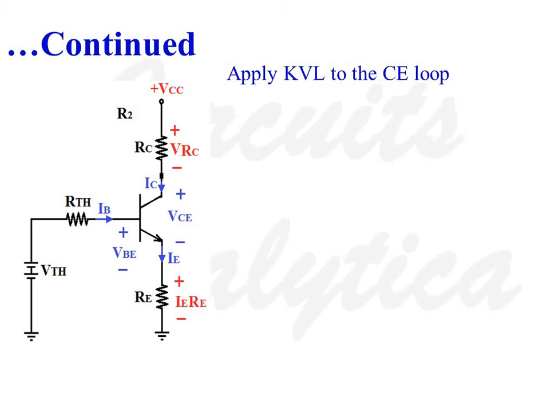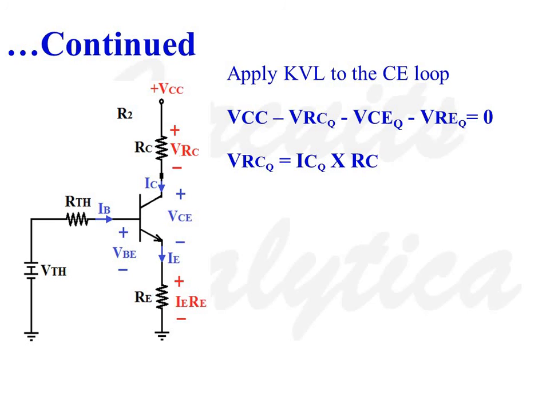Now apply KVL to the collector emitter loop of the circuit. VCC minus VRCQ minus VCEQ minus VREQ is equal to 0, where VRCQ is the voltage drop across the collector resistance when no input signal is applied, VCEQ is the voltage difference between collector and emitter of the transistor when no input signal is applied, and VREQ is the voltage drop across the emitter resistance RE when no input signal is applied.